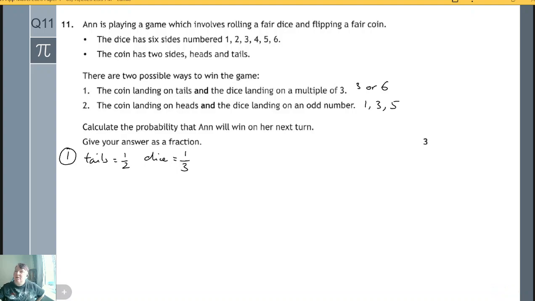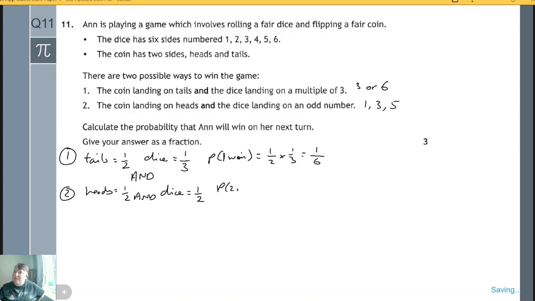So the chances there, we need an and here. We need both to happen. So if both are happening, we're multiplying. So the probability of 1 as a win is going to be a half times a third, which is a sixth. 2 needs heads, which is also a half, and it needs the dice to be 1, 3, or 5, which is 3 out of 6, which is a half.